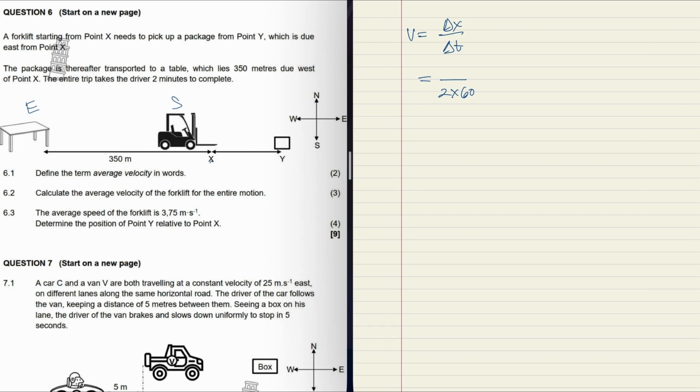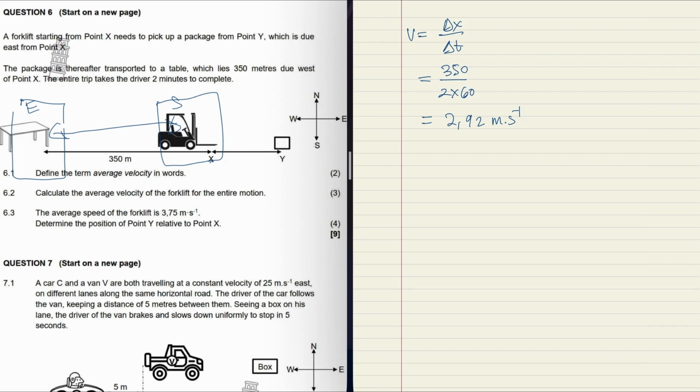So if the forklift driver started at X and ended here, we're just interested in the distance between those 2 points, and that's 350. So 350 divided by 2 times 60 gives us 2.92 meters per second.